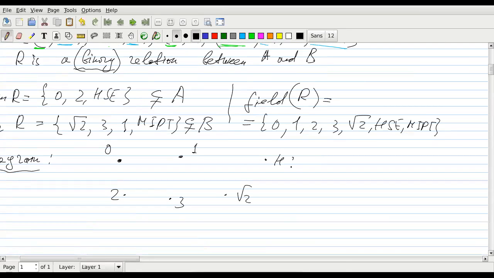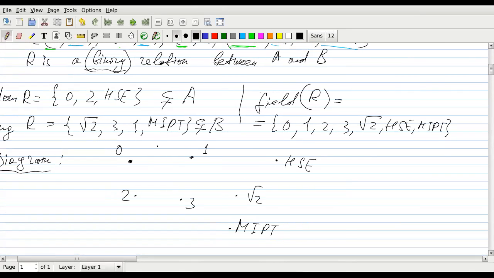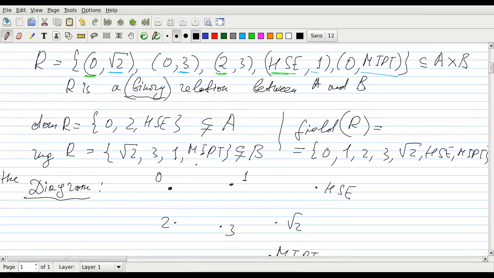So HSE, MIPT, and now let's draw an arrow from one point to another if and only if this first point is the first coordinate of a pair of which the second one is the second coordinate.